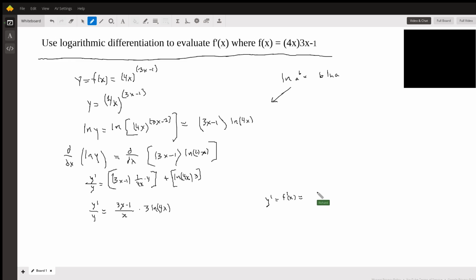Now y itself is 4x to the 3x minus 1 times 3x minus 1 over x times 3 log 4x. Well, it's kind of messy, but that's the answer.